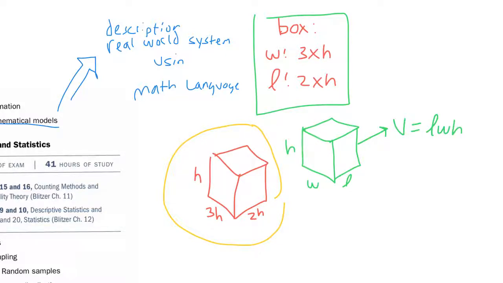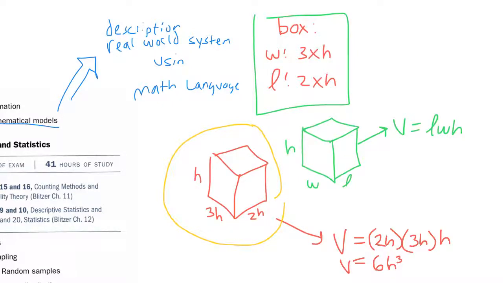Well, guess what? The volume of this thing is going to be length times width times height, but our length in this case is 2h, our width is 3h, and our height is h. So that would be 2h times 3h times h itself, which becomes 6h cubed.